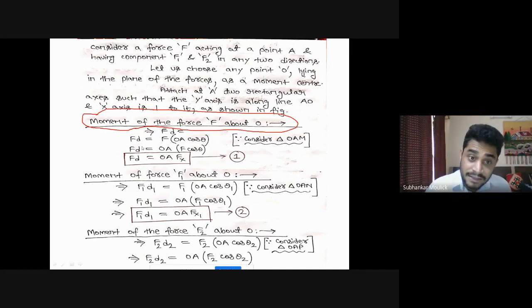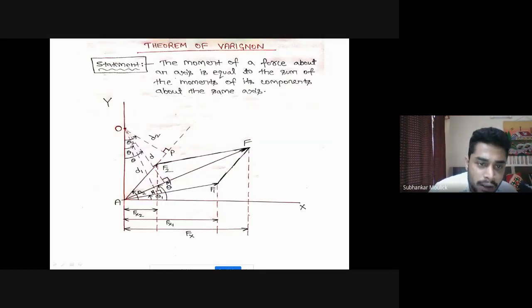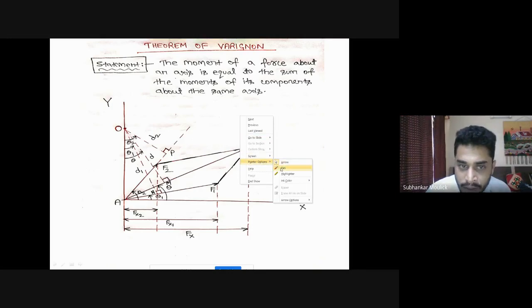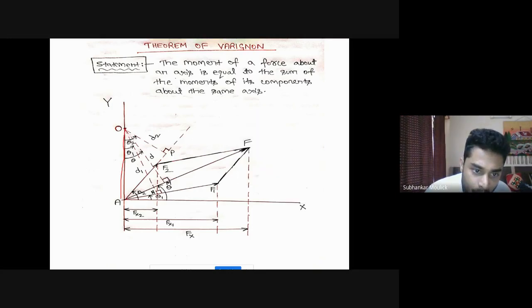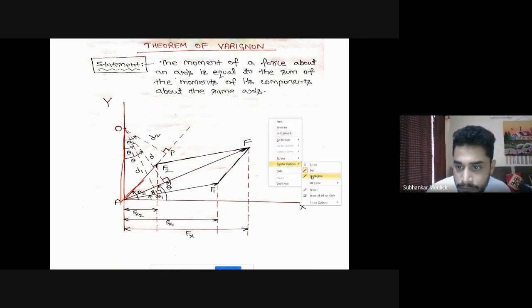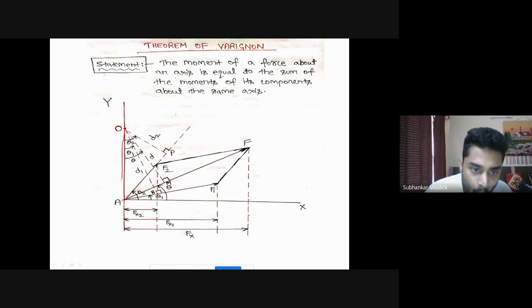Again, I can write d in some way. How? Let us assume that this perpendicular distance meets force F at point M. If you consider this triangle, the triangle O, A, M, this angle is theta.